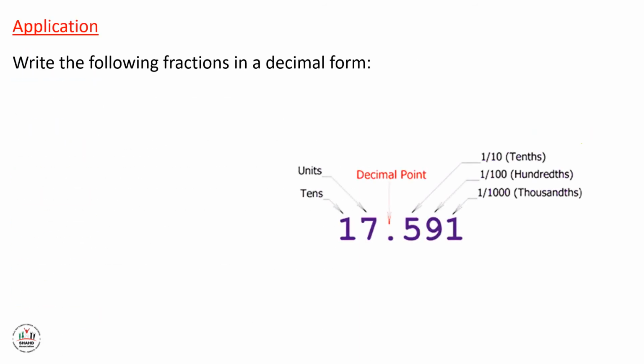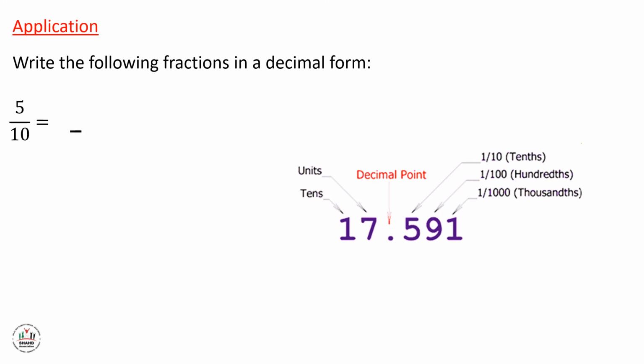Application. Write the following fractions in decimal form. To do that, we need to count how many zeros we have in the denominator. In this example, we have only one zero in the denominator. So we start writing the numerator from right to left, and we put the decimal point after one digit only from right to left because we have one zero in the denominator.